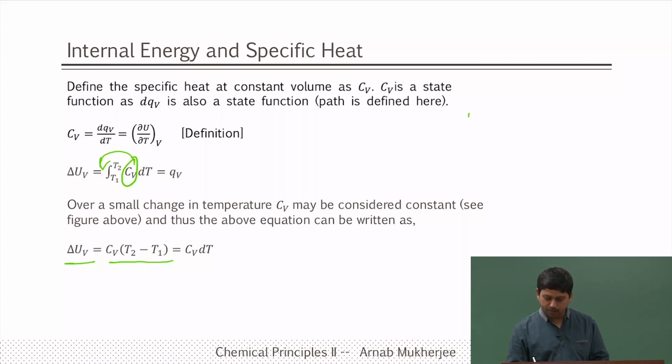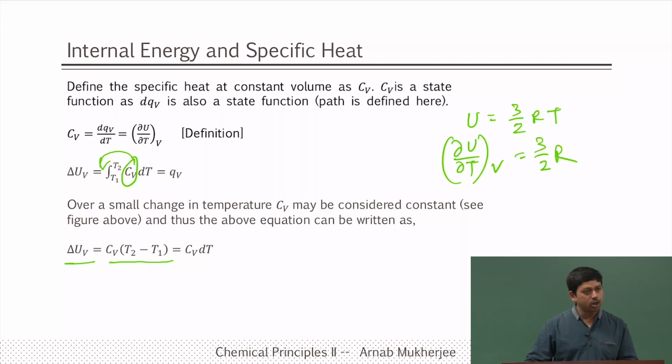So, for example, we know that U equals 3/2 RT. So, du by dt at a constant volume is going to be 3/2 R for an ideal monoatomic particle, not for any other thing, monoatomic particle. One mole of ideal gas has 3/2 RT energy, and Cv therefore is 3/2 R, which does not depend on temperature.